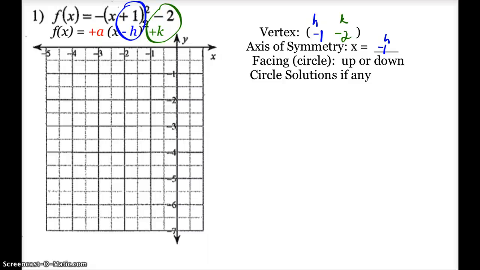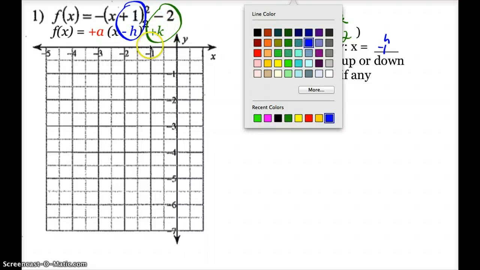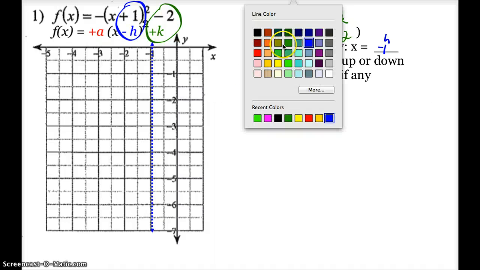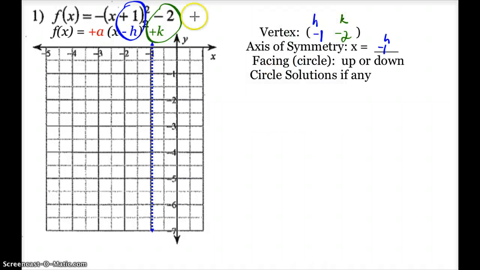My axis of symmetry is -1. This is the center of my graph right there. My K value is -2. Here it is. It's a little bit off, I'll fix that. There you go. And our vertex should be -1, comma, -2.